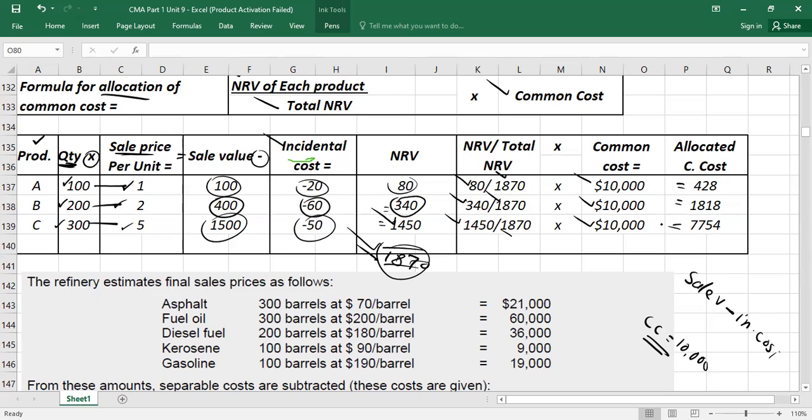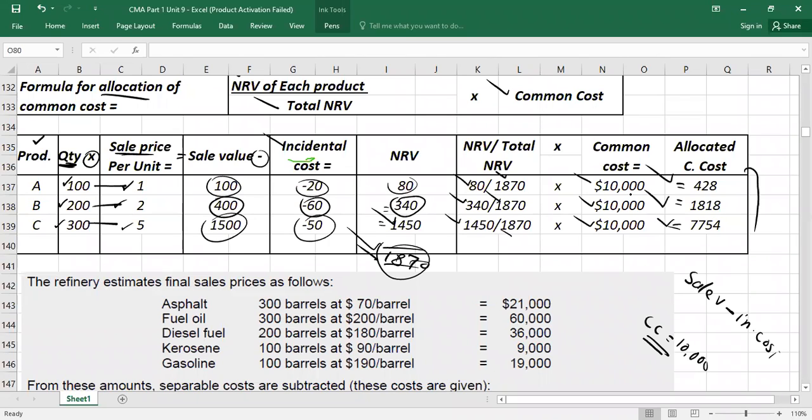You will get allocated share of the common cost for product C. Understood? Clear? This is the breakup of common cost, which will be allocated to the cost of inventory of the product A, B, and C.